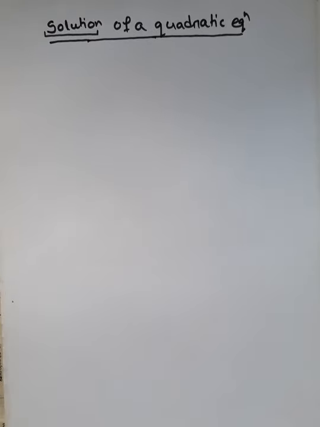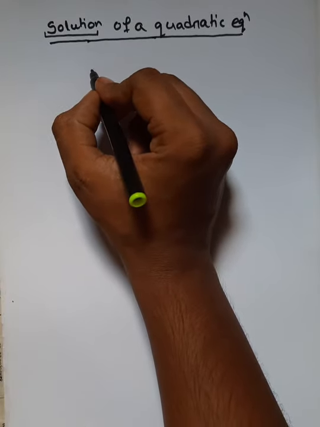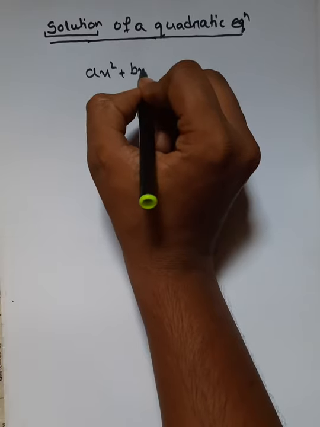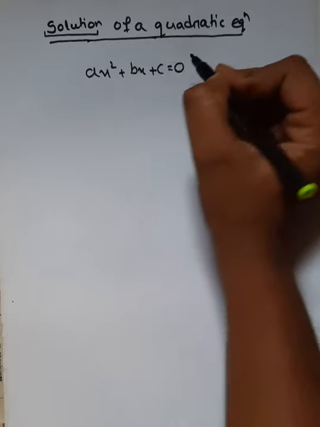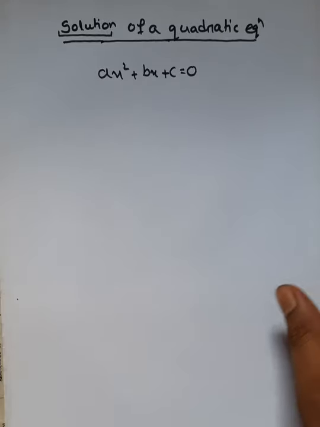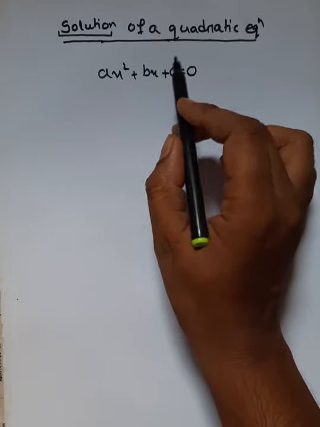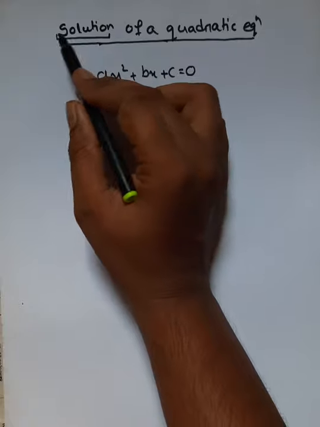Okay, so we know the general form of a quadratic equation is ax square plus bx plus c is equal to 0. Okay, this is the general form or standard form of a quadratic equation. So what is the meaning of solution?